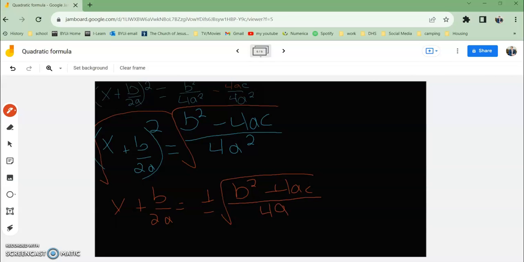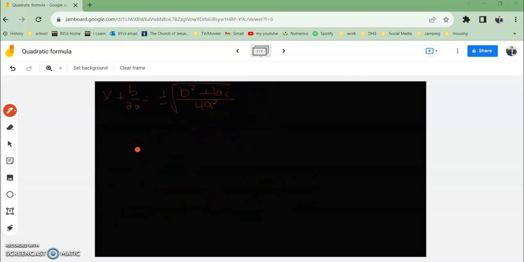Oh, the top looks right. Okay. So now what we can do is subtract the b over 2a on both sides. So we want x by itself. So now we have x equals negative b over 2a plus or minus the square root of b squared minus 4ac, and that is still under 4a squared.